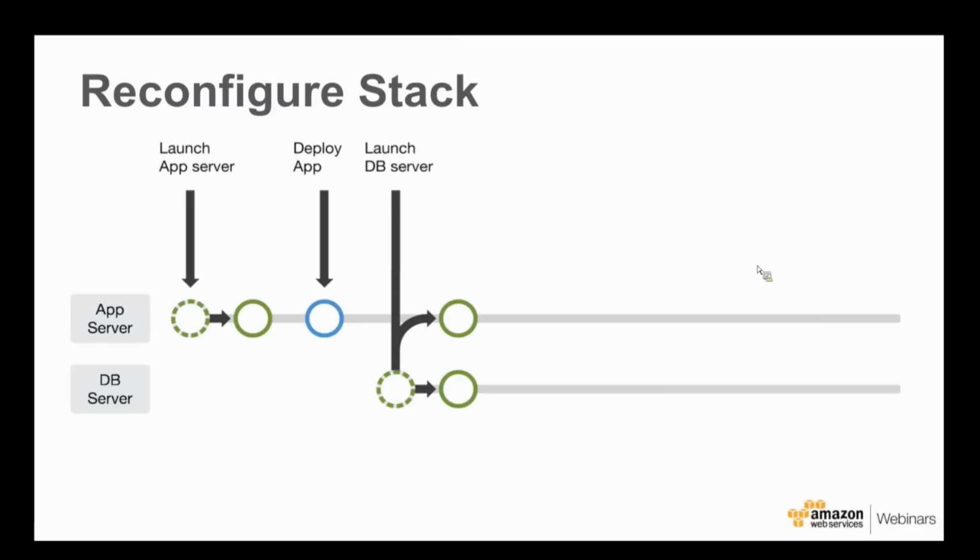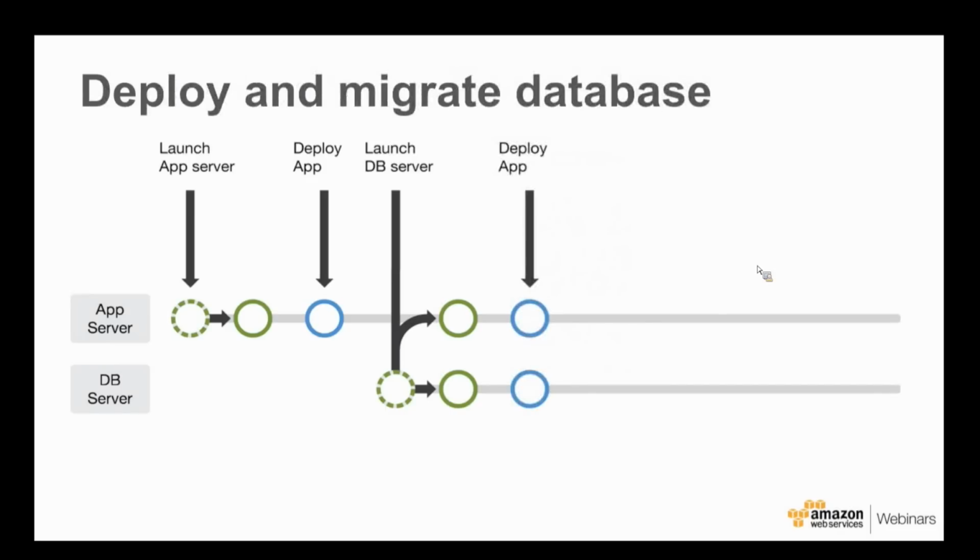So in Rails, you have something that's called a database YAML file, which stores the configuration to how to access your database. This configuration would now be updated to reflect that there now is a database server. So we will add the IP address and connection details to the database YAML for you automatically. And without your manual intervention, that application server now is aware of the database server and can use it.